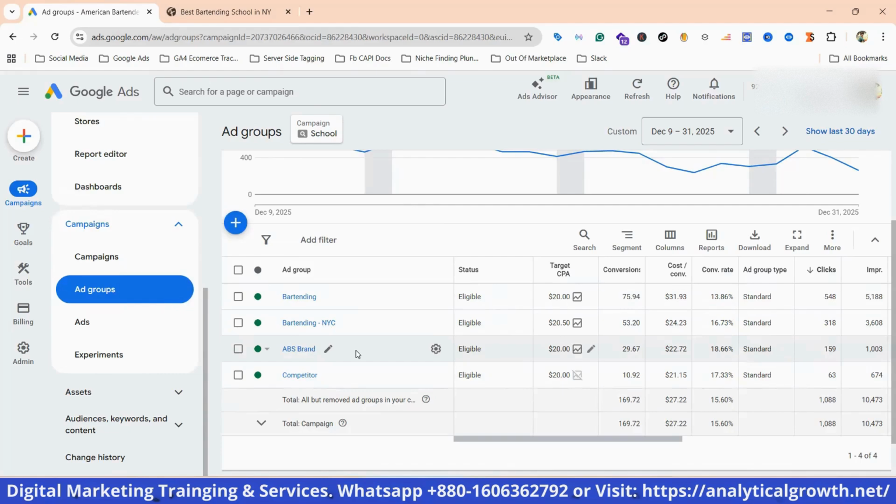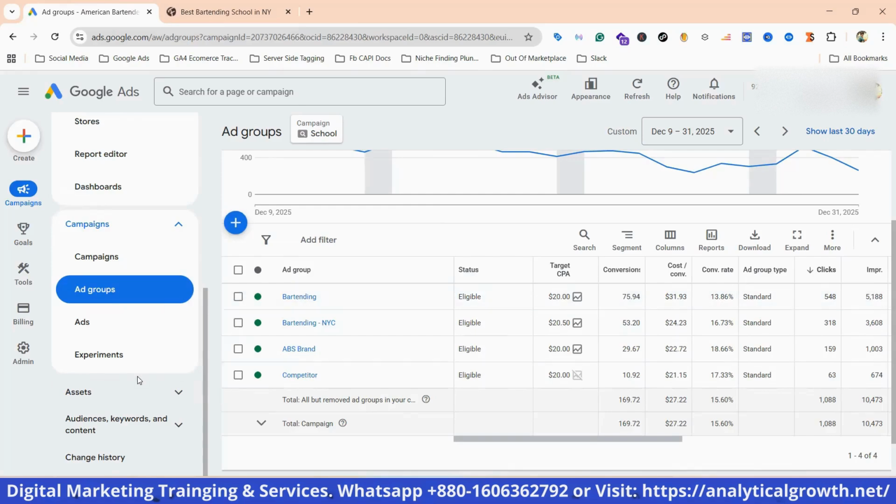You know, like if a keyword is related to bartending school near me, for example, for this ad group, then if a search term comes like bartending school in the New York City, then I'm gonna make this a negative keyword, because I want only the bartending near me keyword in this ad group. So this is called keyword sculpting. So that's what I did for this account.